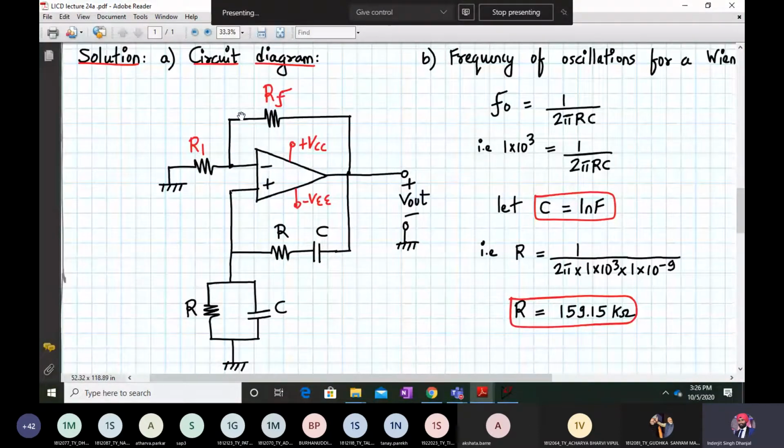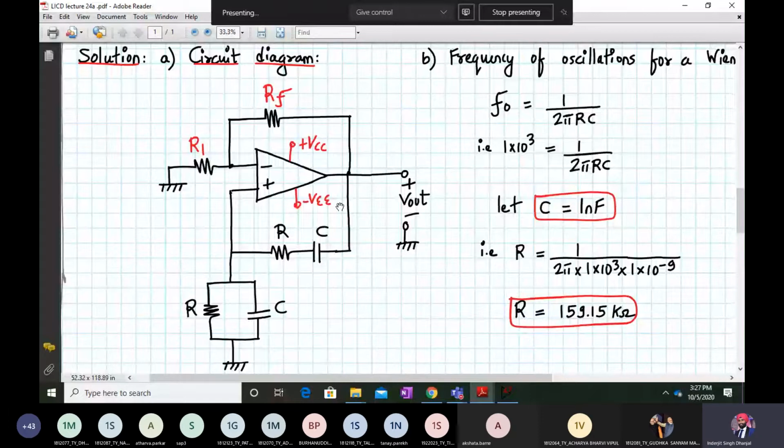We have negative feedback also, but the positive feedback is a little more dominant. There is no external input applied at all. As soon as you power up the op-amp, this circuit will start oscillating and produce sinusoidal oscillations if all the Barkhausen's criteria are met.